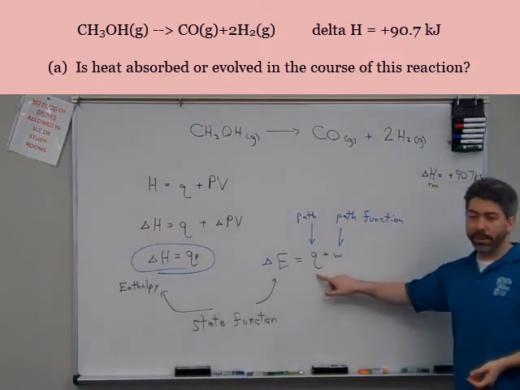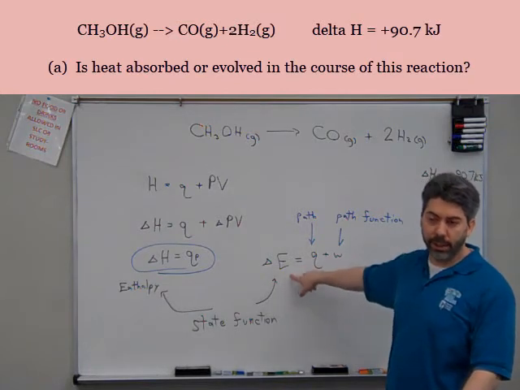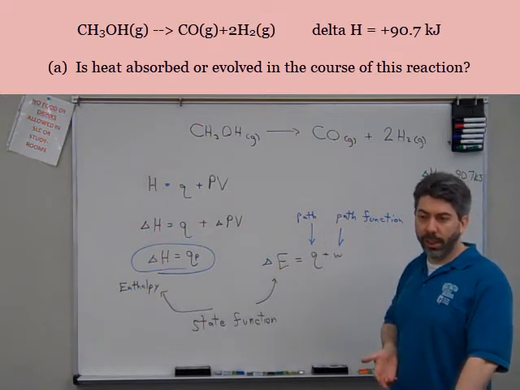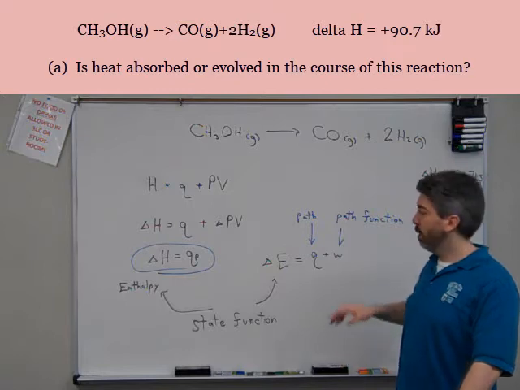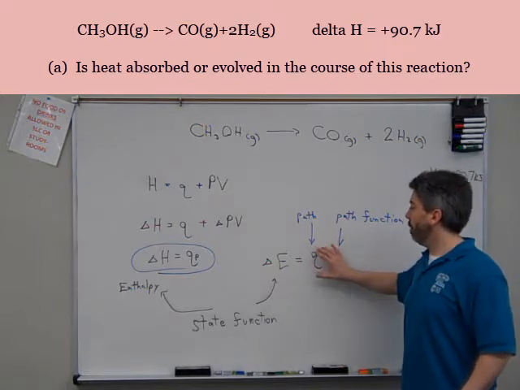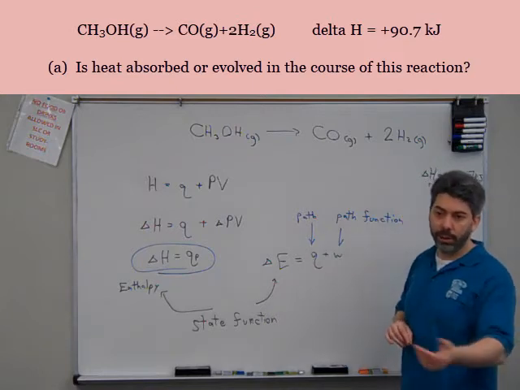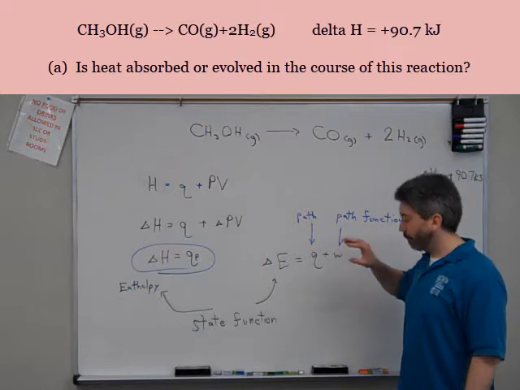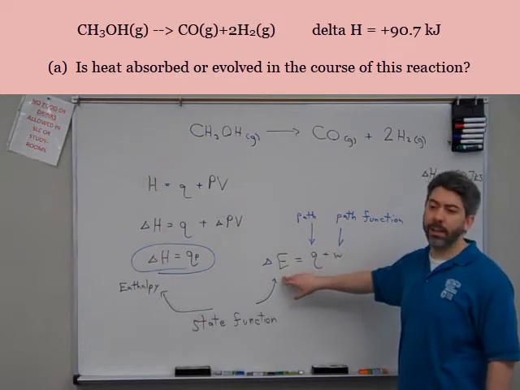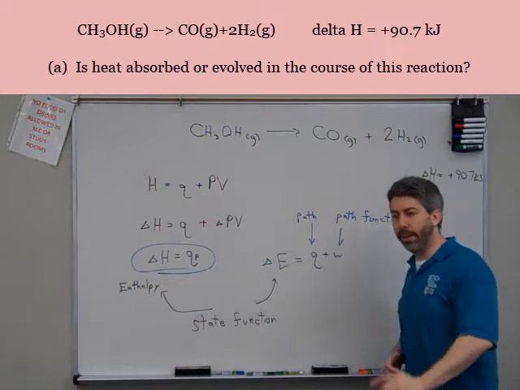For example, there's a lot of different ways that I could get a particular change in energy. I could absorb a bunch of heat, or I could have a lot of work done on me, right? So the value of Q and W depend upon the particular path that I take to get to a particular ending. But the delta E is not dependent. It's just dependent on the initial energy state and the final energy state.